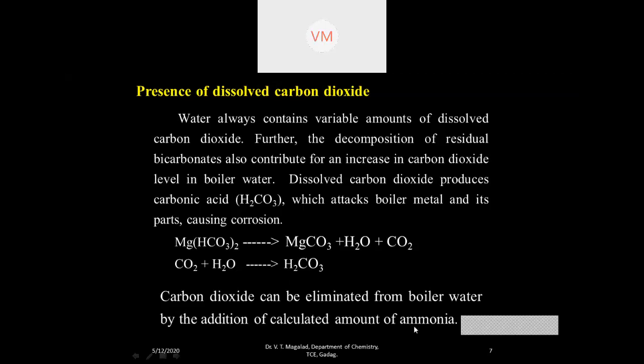One can neutralize the effect of carbonic acid by adding ammonia. Neutralization means the reaction between acid and the base to form the salt and the water. So ammonia, when it interacts with the carbonic acid, this will not be acidic further and therefore it will not be acting on the boiler. It won't be further causing any corrosion.